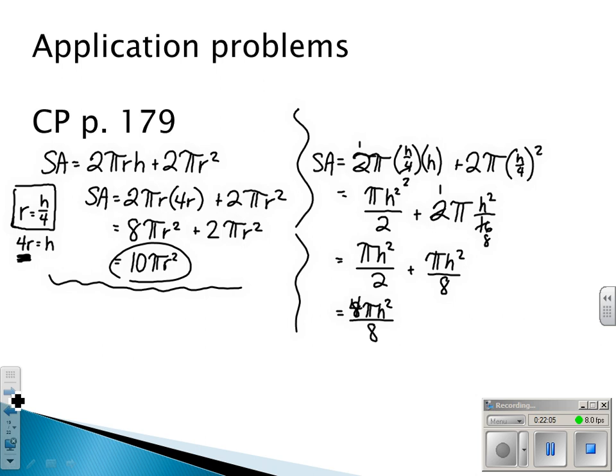Get it over 8. Then putting these two together, we have 4 pi h squared plus pi h squared, which is 5 pi h squared over 8. So there's the function in terms of h.